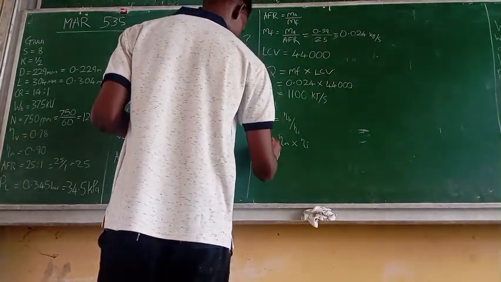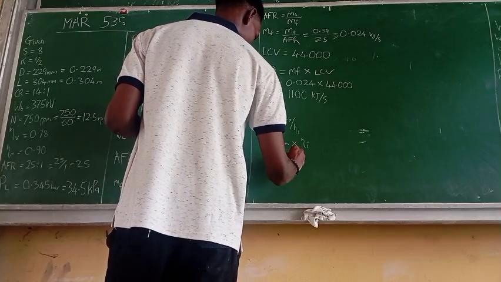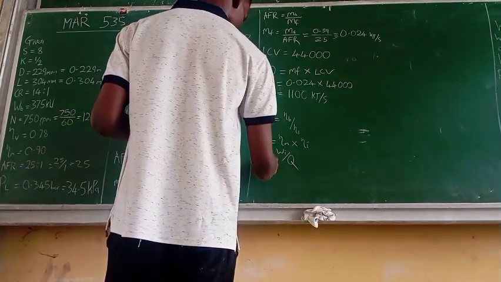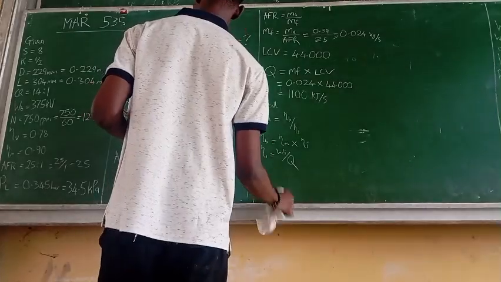Now, we know that our indicated thermal efficiency is equal to indicated power over Q. We have our Q already, we do not have our indicated power. So let's go up again.